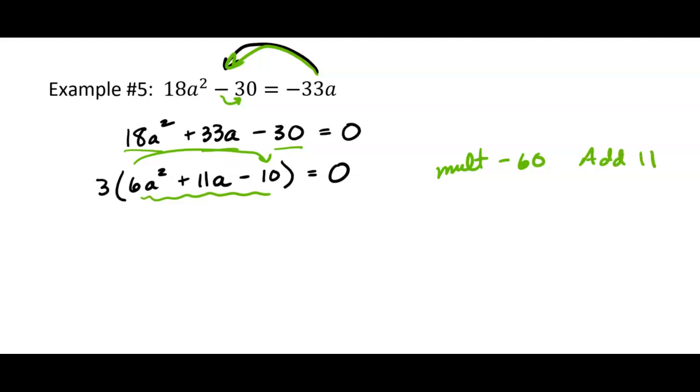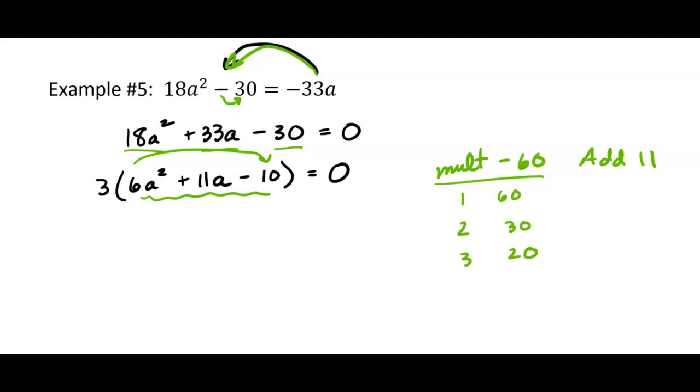Now, once you get the hang of this AC method, I think you'll really like it. Students often prefer it, but it does take a little bit of getting used to. So practice the factoring and write it out. That'll help. Okay, so can we think of two things that multiply to be 60? Well, negative 60. So let's go 1 and 60, 2 and 30, 3 and 20.